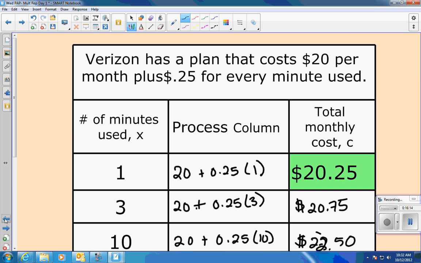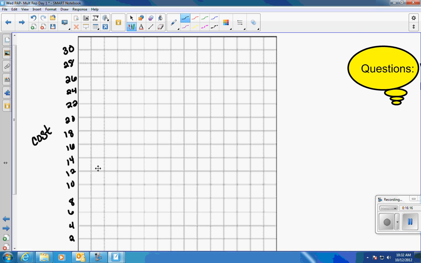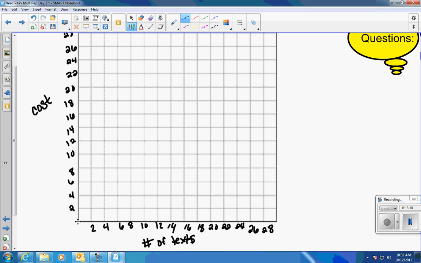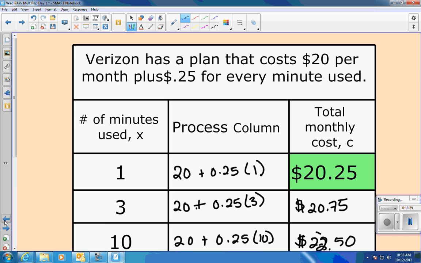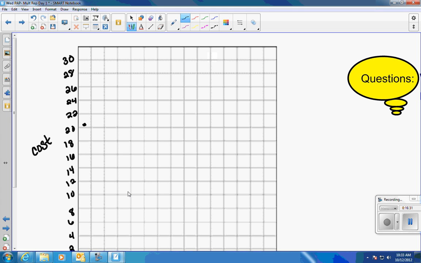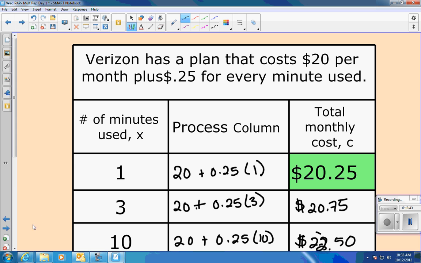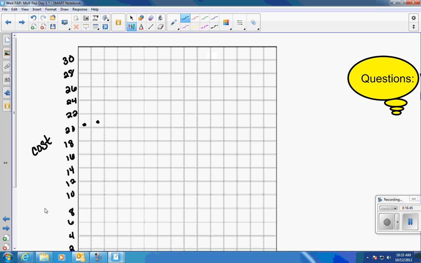So for one text, it was $20.25. So one is right about there, and I'm looking at $20.25, so maybe right about there. And then we're looking at 3 for $20.75, which should be just slightly above that, close to 21. 10 should be $22.50.